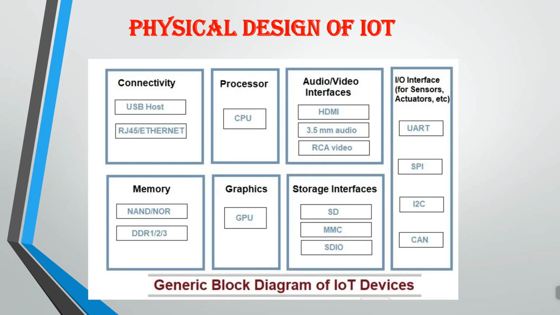For audio only, we have a small audio jack, a stereo jack, 3.5 mm. The 3.5 mm is a jack which is connected to any audio devices. It could be RCA for video, or even HDMI also. It's a collective one. It contains both HDMI audio as well as video interfaces, which can be connected to displays or any other output devices.